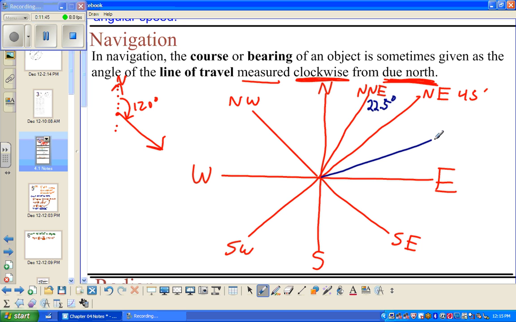If you went halfway in between east and northeast, you would call that east, northeast, because you're heading east and you're going north of it. Down here, we'd be talking east, southeast, and so on.